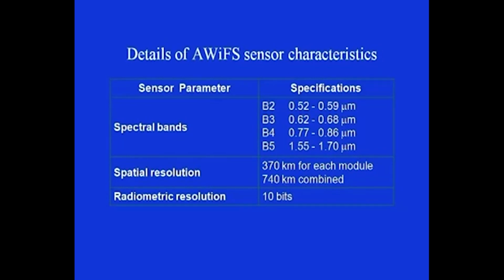The first 3 bands are similar to our LISS sensor. The 5th band which has been introduced is at the middle infrared region, that is 1.55 to 1.7 micrometers. The spatial resolution here is coarse, it is about 370 kilometers swath for each module and 740 kilometers combined with a radiometric resolution of about 10 bits.